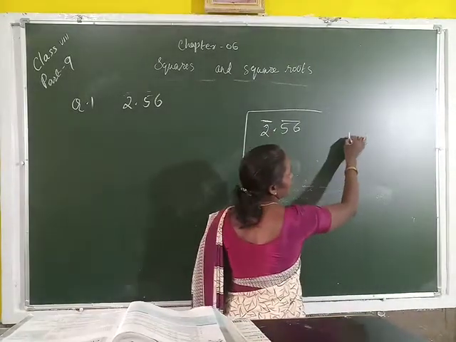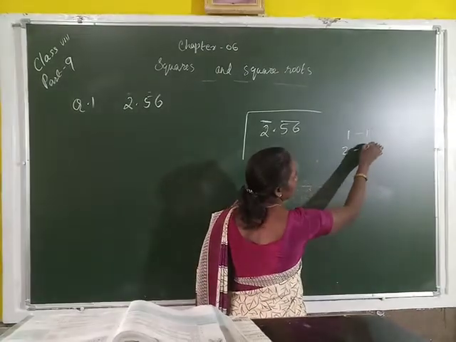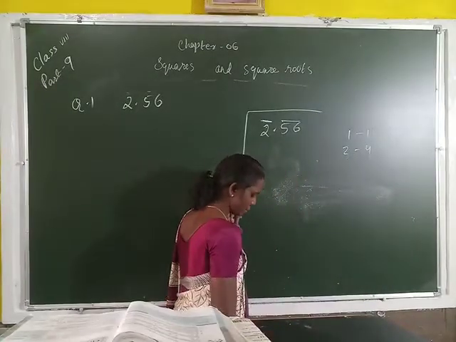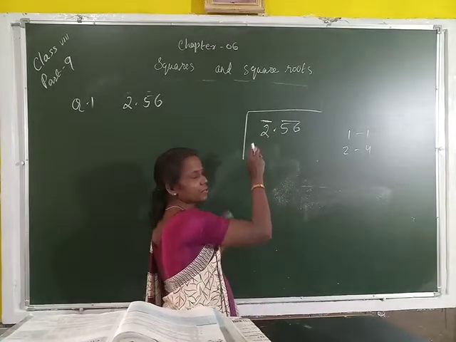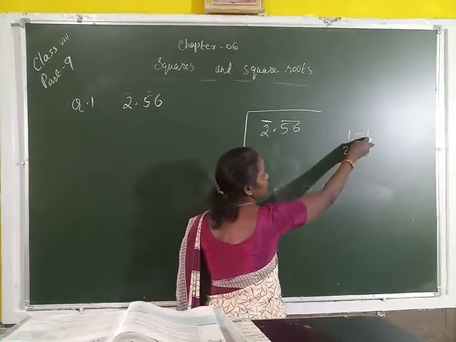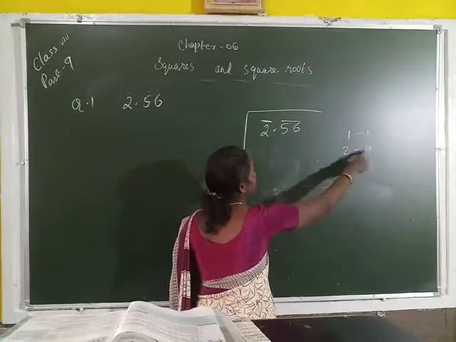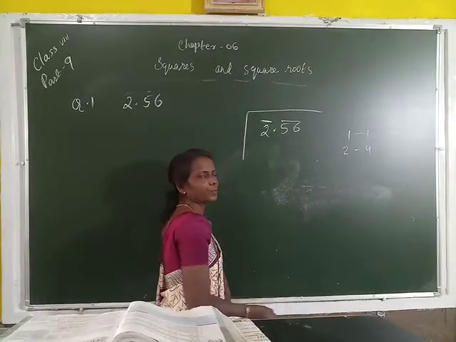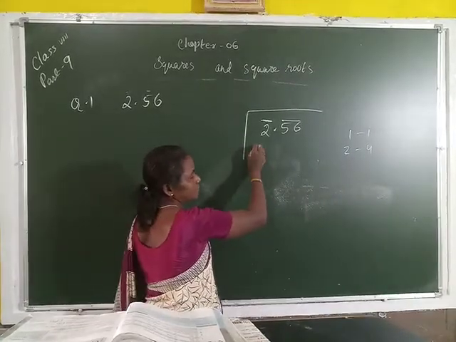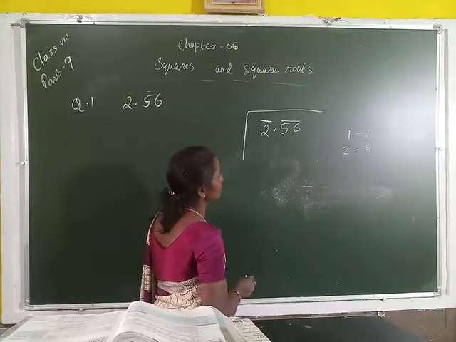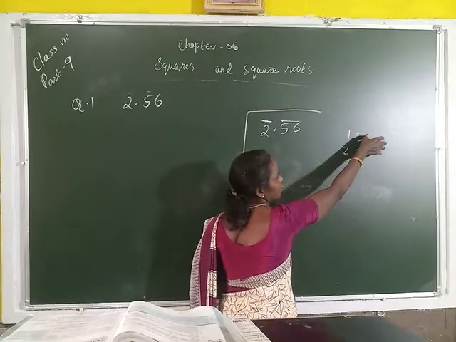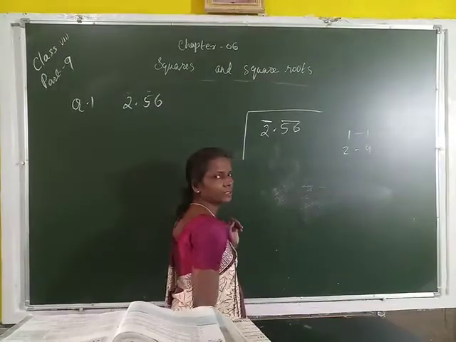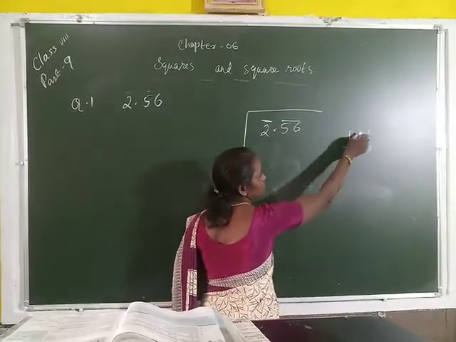Look, 1 times 1 is 1, 2 times 2 is 4. 4 is more than 2, so 1 is the nearest square number of 2. So the square root of 1 is 1.